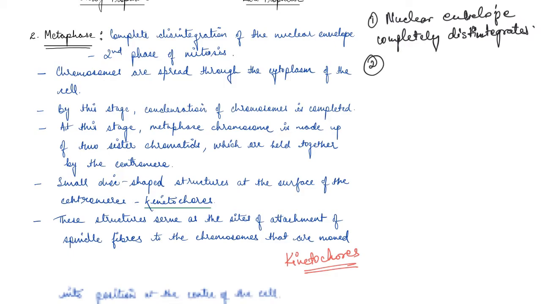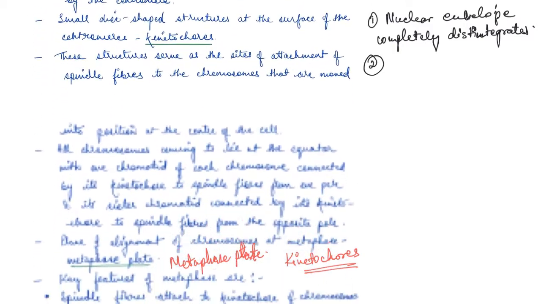So basically, there is a plane of alignment of the chromosomes at metaphase, and this alignment is known as the metaphase plate, right? So let's see again the key features of metaphase.